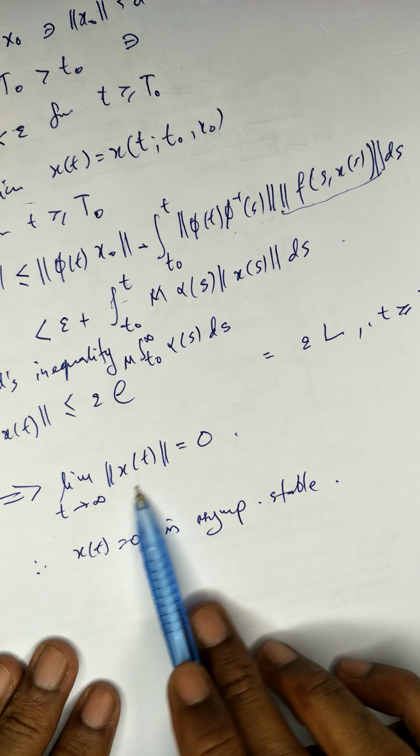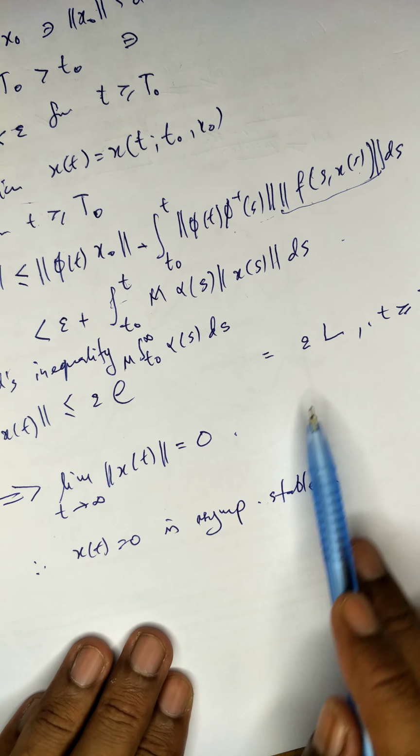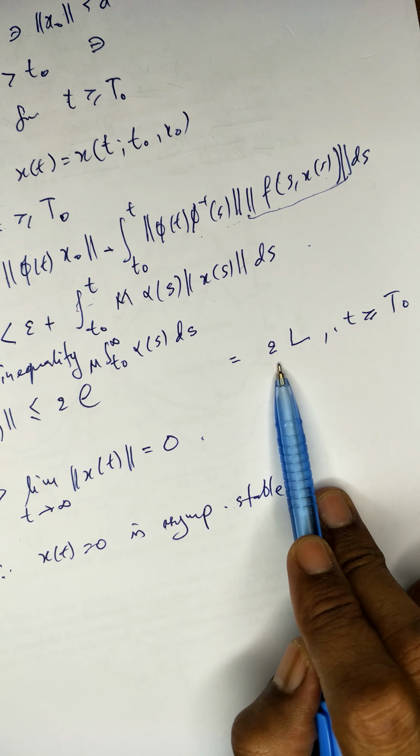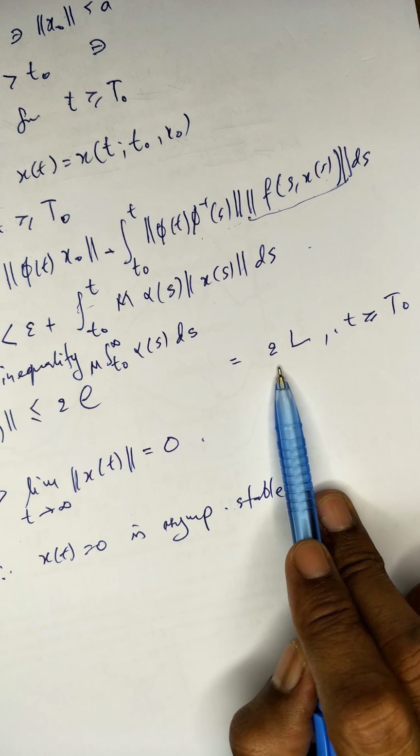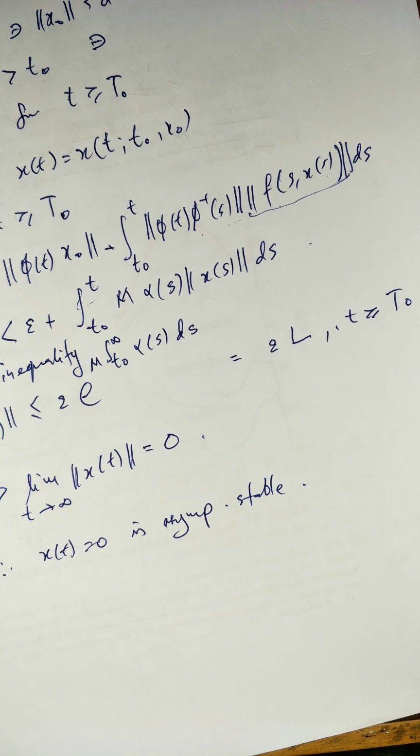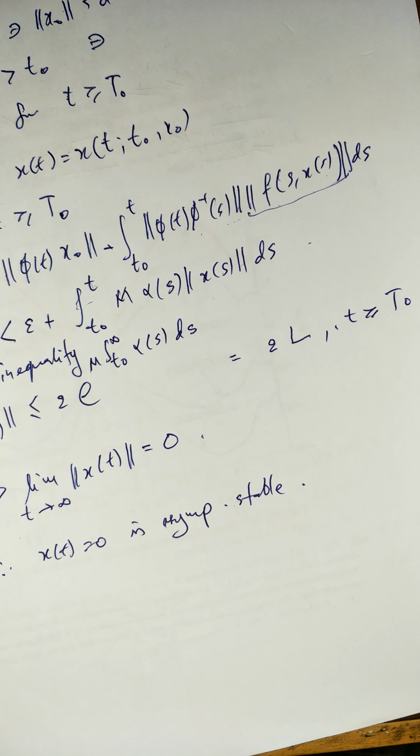Okay, so why do we do this, or how do we get this? Because you can choose epsilon as small as you want, close to 0, then we can get those things.